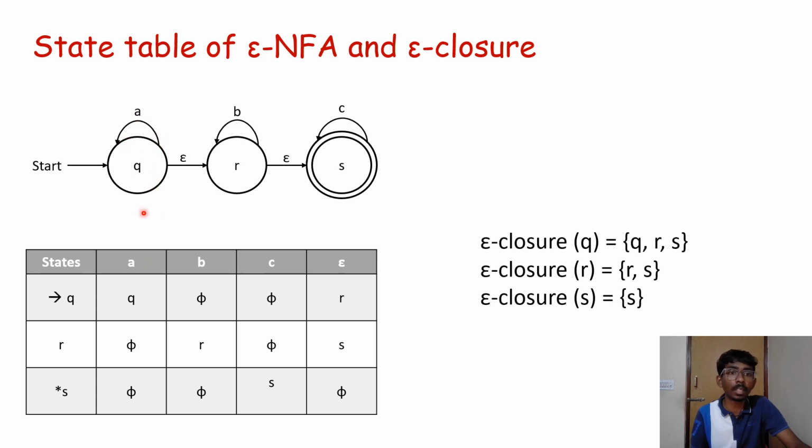There is a self loop in it, and Q state on giving input B it doesn't take it anywhere. So we have specified null operation. Even for C, it doesn't take to any state, so it is null. Then for epsilon, it moves from Q state to R. So we have mentioned R.